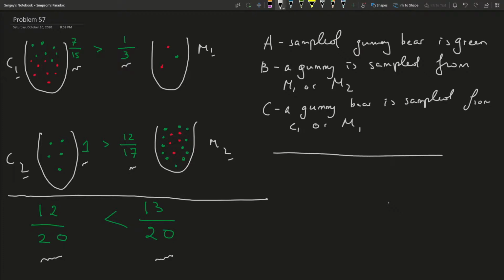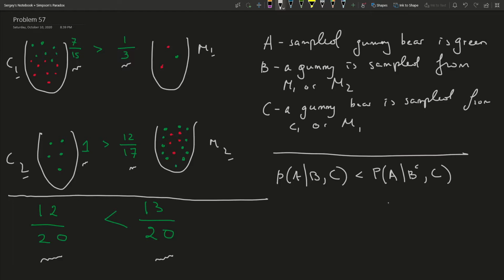Then Simpson's paradox tells us that the probability that the sampled gummy bear is green, given that we're sampling from an M jar and it's indexed 1, is smaller than the probability that the sampled gummy bear is green, given that we're sampling from a C jar and it is indexed 1.